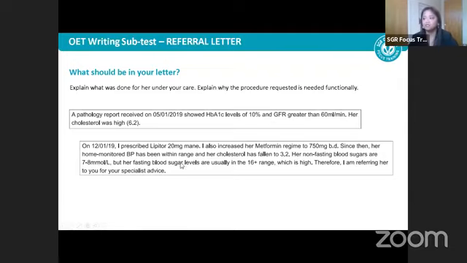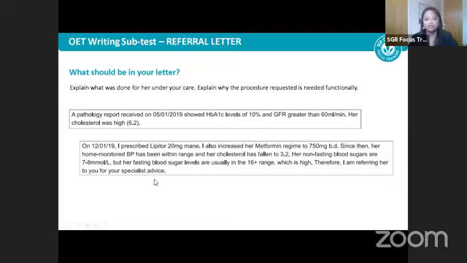And the purpose of this one is to show how a diagnosis was made and how the decision to refer was made as well. What this letter is informing you is that because of the concerns on the high blood sugar in here, they have decided to refer the patient for specialist advice.